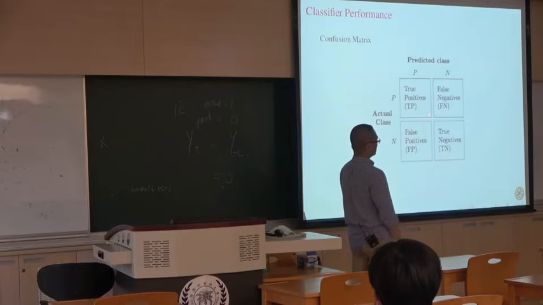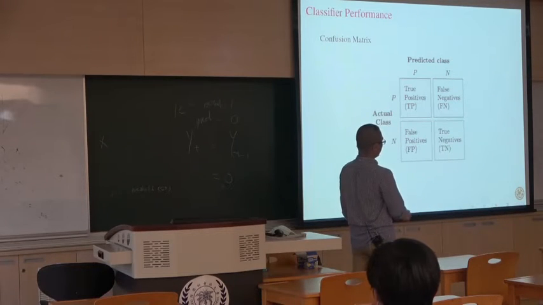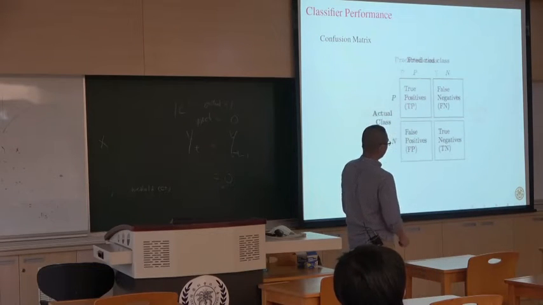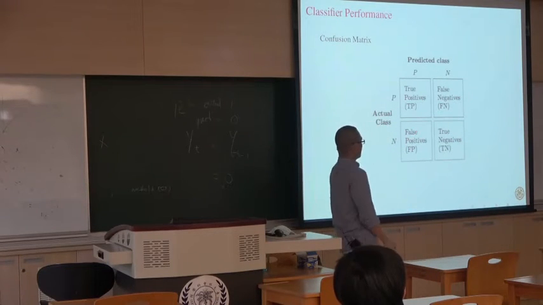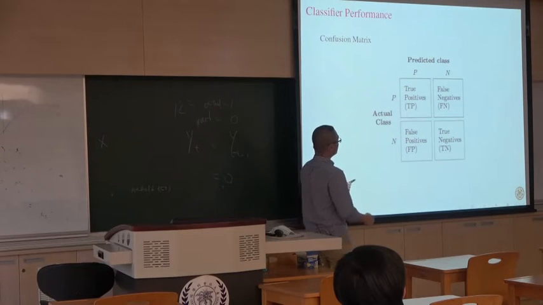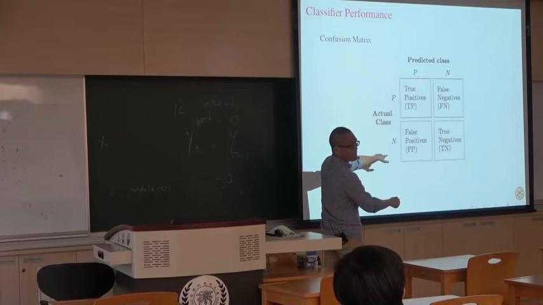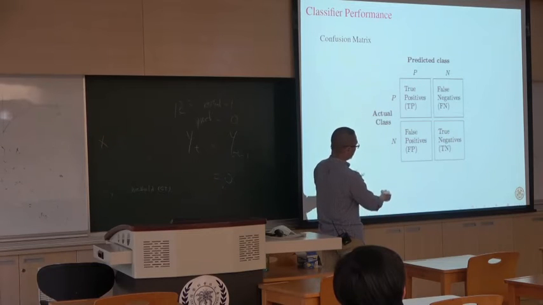These two probably require some effort to understand. So we first go to this one. First, the false positive. That's the type 1 error. That means I predict something to be positive, right? While in actuality, the actual class is negative, so that's why your prediction is false.